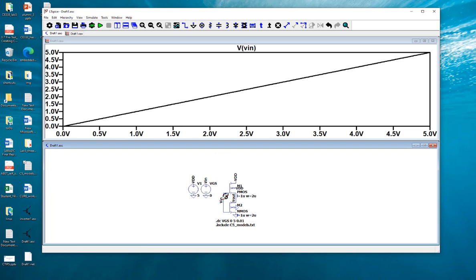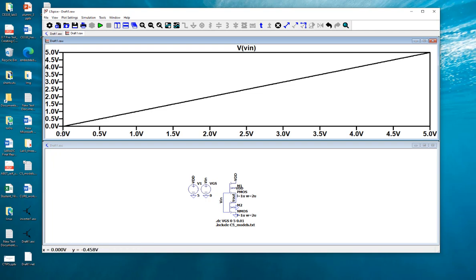Okay, V in is a linear curve because I'm just sweeping V in. It's on the x-axis, but because I'm plotting y as well. So in this curve, what is the y-axis? Yeah, y-axis is also V in because a linear curve is y equals x.